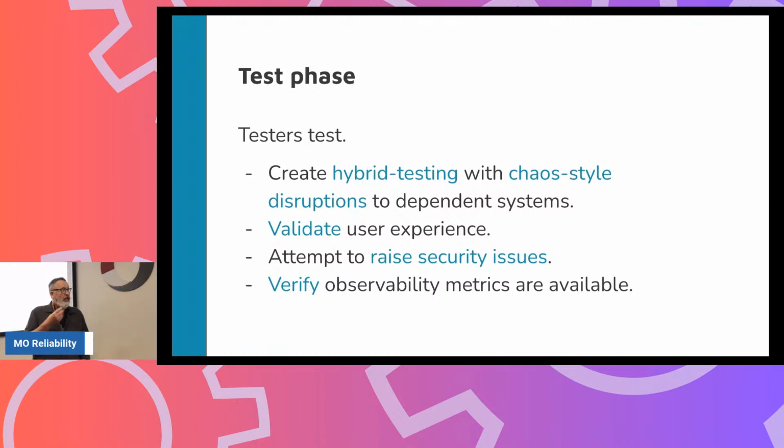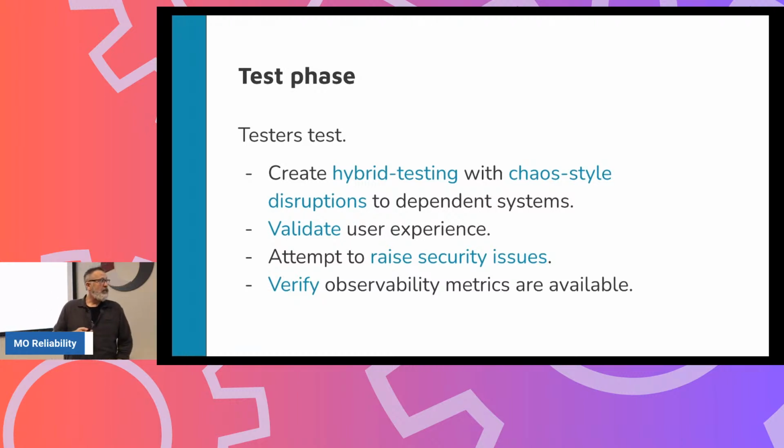And then here too, raising security issues if they can. If they have that knowledge to try to figure out if there's ways to get around some of the precautions that are in the code. Your SQL injection type attacks or potentially even denial of service, but denial of service probably at a later point.